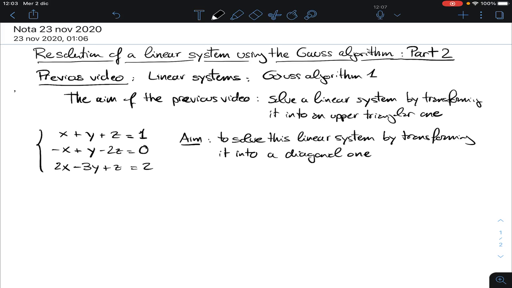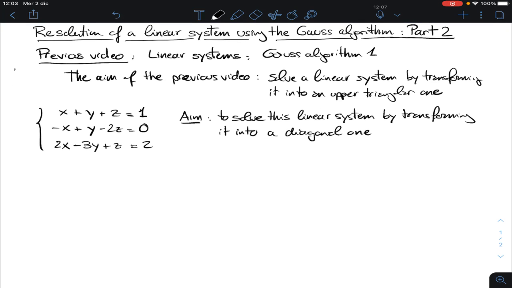Again, we are going to use the same transformations, which are the core of the Gauss algorithm, to transform this linear system into a diagonal one, which is equivalent to the one we started with, so they have the same solutions. But the diagonal linear system is going to be much easier to solve, so somehow we simplify the problem. Let me recall what the transformations are.